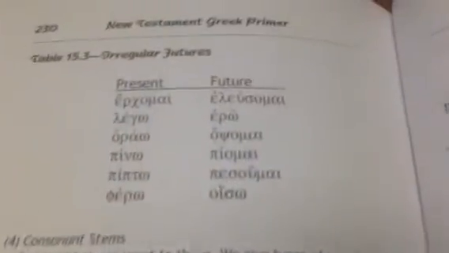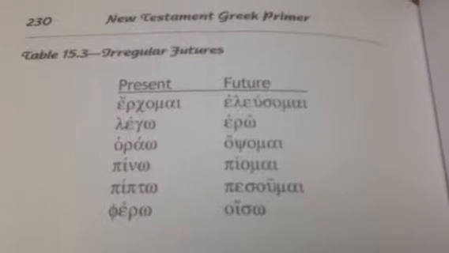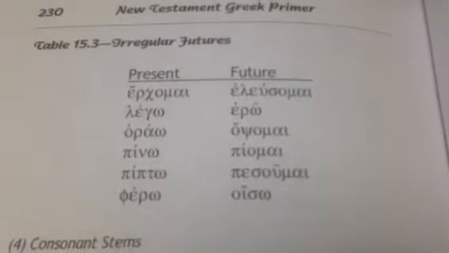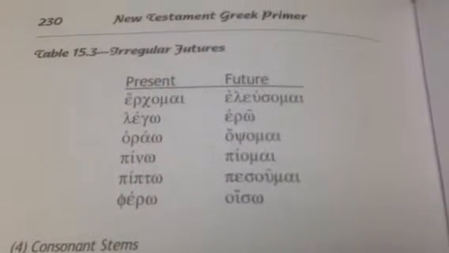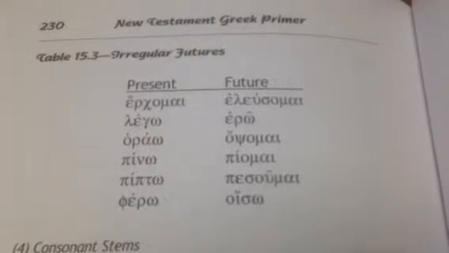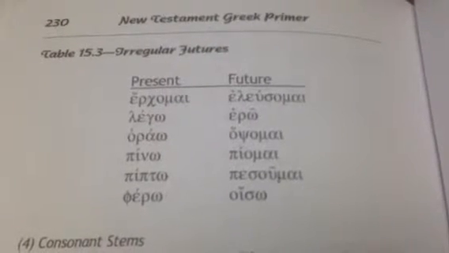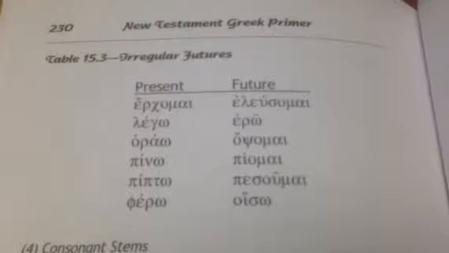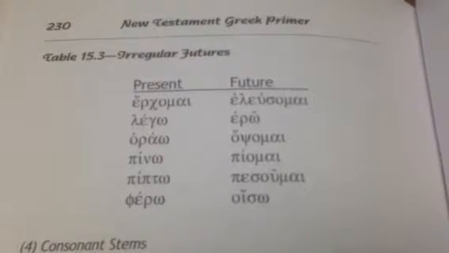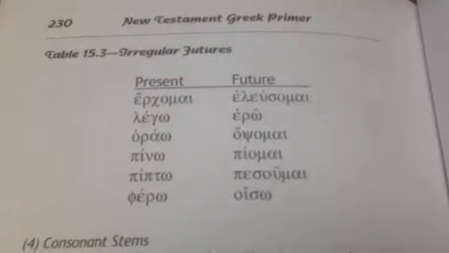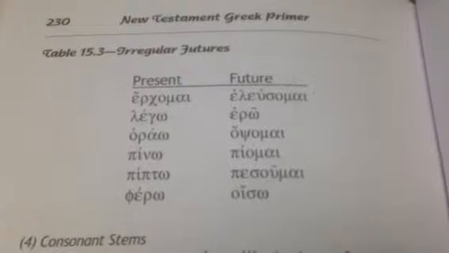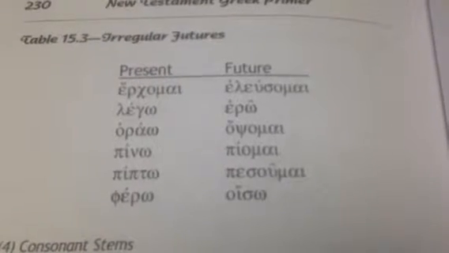We also have some irregular future stems, just like we have some irregular verb compositions in English. And some of the more frequently occurring ones are listed here on page 230, in table 15.3. These are the ones that you encounter in the New Testament on a regular basis.